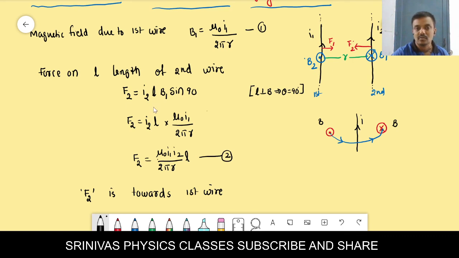Force formula F1 is I1 L B2 sin theta, because the current wire I1 is in the field of B2. Then again we will get the F1 formula. What is the difference in the next derivation? In place of 1, 2 will come, in place of 2, 1 will come. That's all.